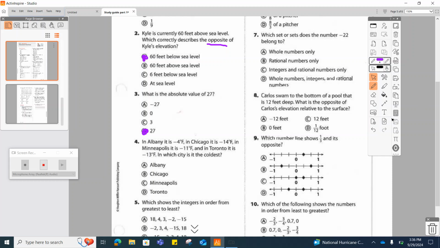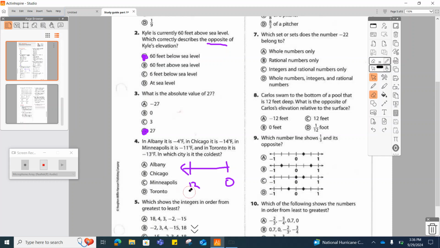So if you think about this as a number line, the further to the left, the colder it is. The furthest to the left on here is -13 degrees. Out of all of these, -13 would be, oh, whoops, I messed that up because I didn't read. No, the first one is not -13. The furthest is -14.